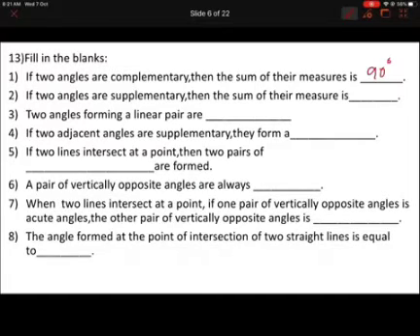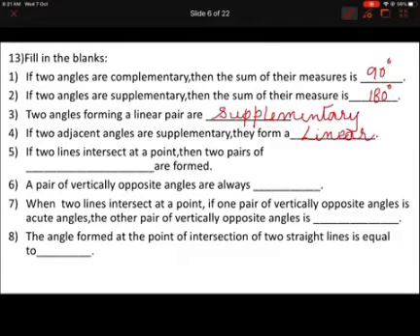If 2 angles are supplementary, then their sum is 180 degrees. By now you should be able to quickly recall. 2 angles forming a linear pair are supplementary. Then, if 2 adjacent angles are supplementary, they form a linear pair. I think all these are now clear to you.